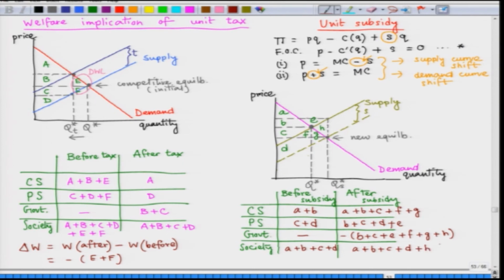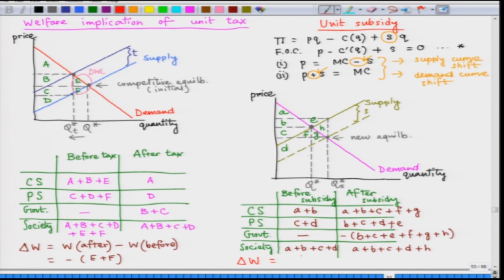Okay. So, now what is the change in the welfare? If I denote that by delta W, that is basically talking about the difference in welfare level after the subsidy is given and before the subsidy was given.